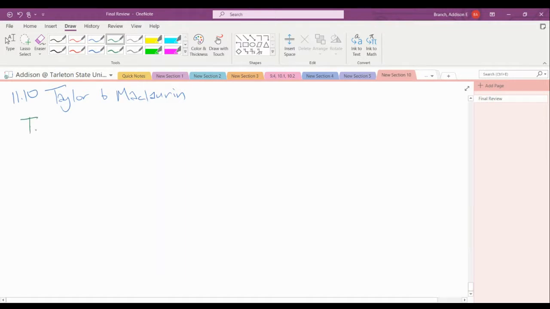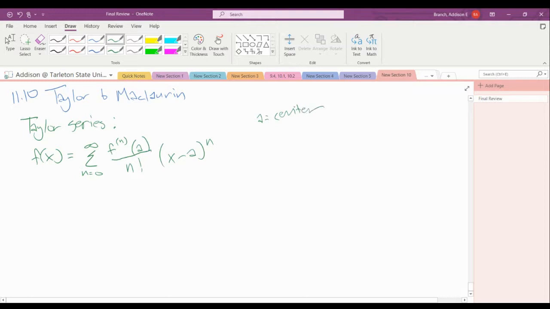So your Taylor series is essentially where you can have your function be equal to a series such that n goes from 0 to infinity of f to the n, that's the nth derivative, of some number a, over n factorial times (x minus a) to the n. And a is your midpoint, or your center.